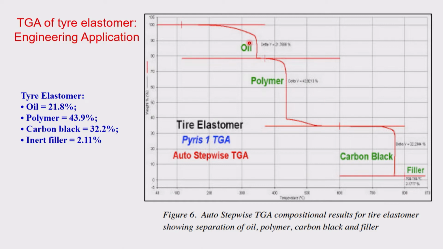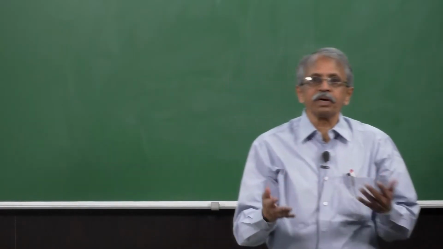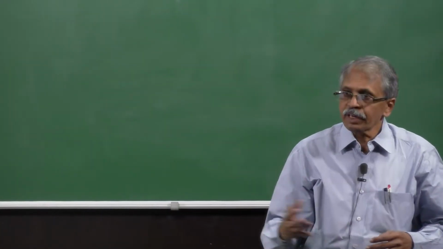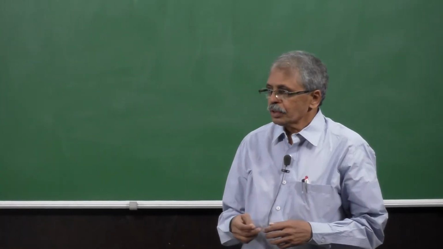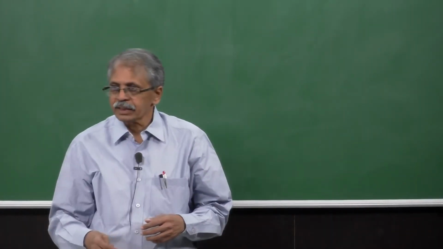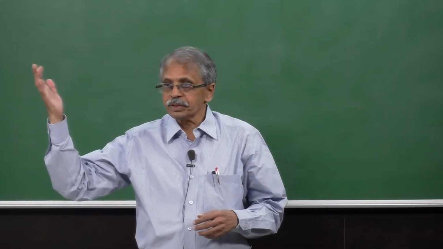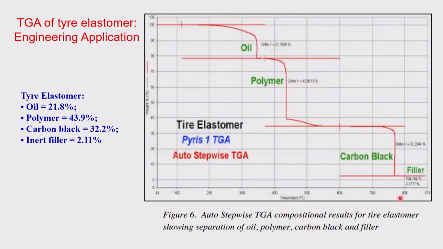So 3 very major weight losses are seen, and the first loss is, in this example case, not everywhere, 28% oil, and the polymer is 43.9%, and then carbon black is used at 32%, and then there are some inert fillers. So now you can play with all these, and then you can make a tire which is more durable depending upon the roads. Okay, certain roads you have tires easily worn out, easily breaking, etc. Certain places with cool, low temperatures, you need a different kind of tires.